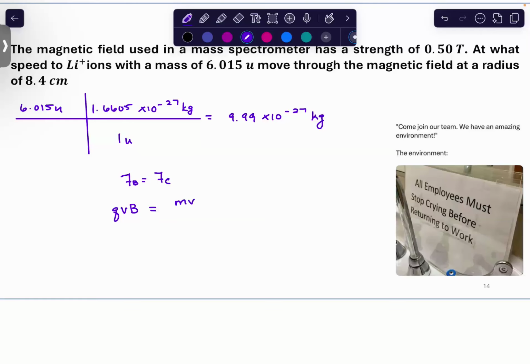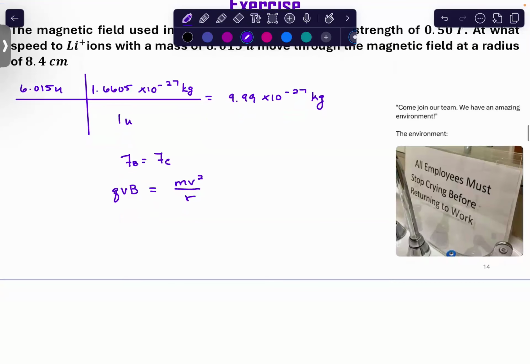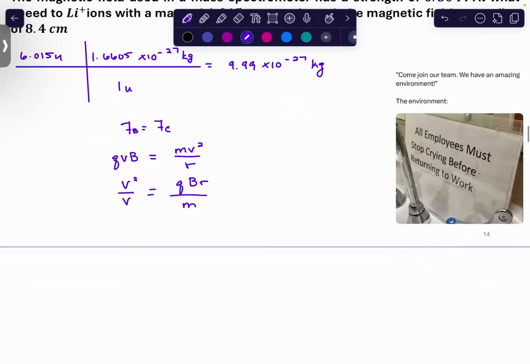So mV squared over R, and you solve for V. Technically you would end up with V equals QBR over M. It's the magnetic force equals the centripetal force.